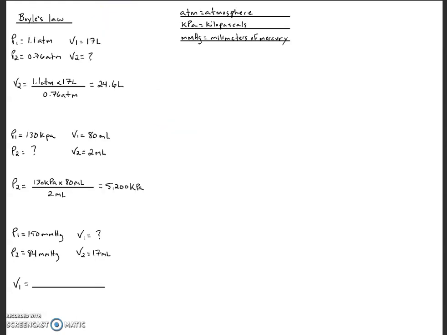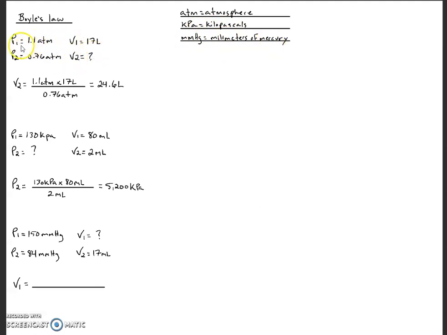So we move along now to some gas laws. We're dealing with Boyle's law. Now, the videos, I sent you the links, so as long as you've watched those videos already, this should not be anything strange. So just to recap here, we have atm is an atmosphere, kPa, kilopascals, mmHg is millimeters of mercury.